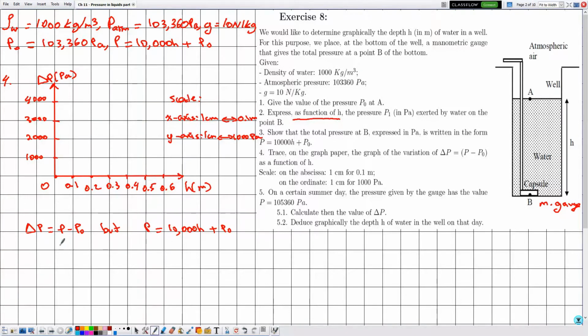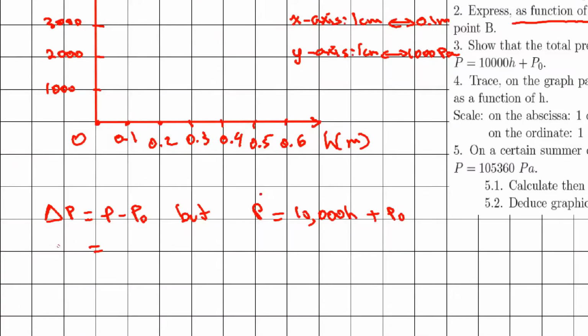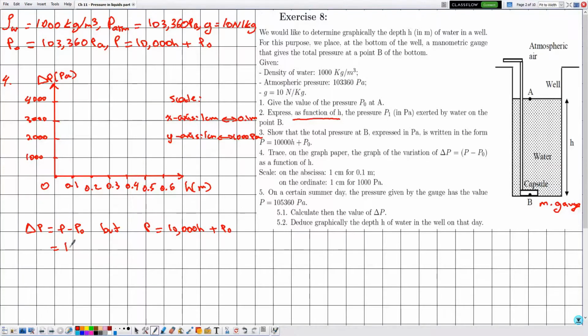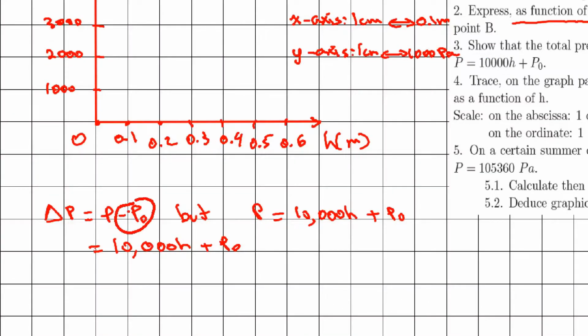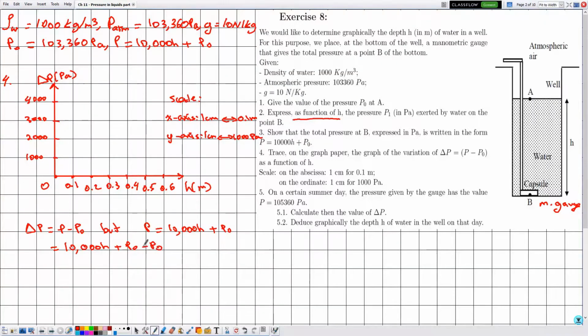So replacing the value of P in delta P, we get 10,000 H plus P0, and we don't forget the minus P0 here. Now P0 cancels with minus P0, then the value of delta P as a function of H is given by 10,000 H. So delta P is equal to 10,000 H.